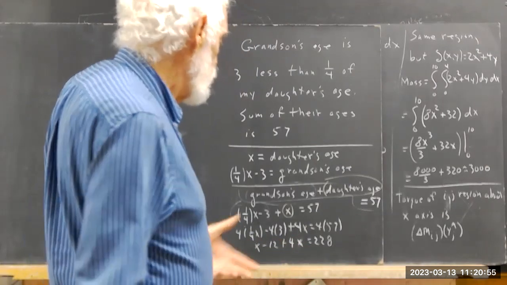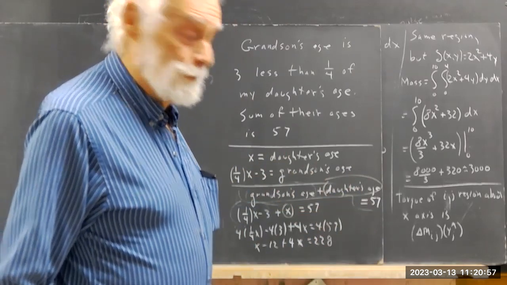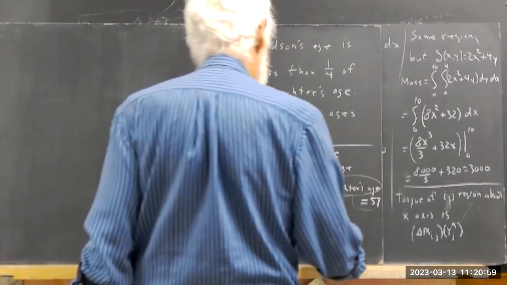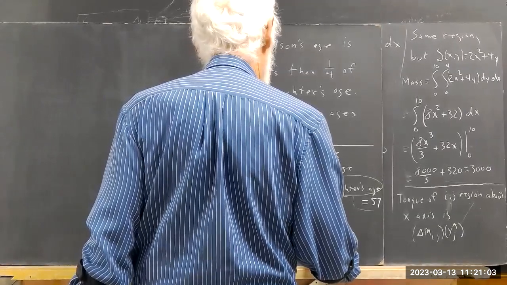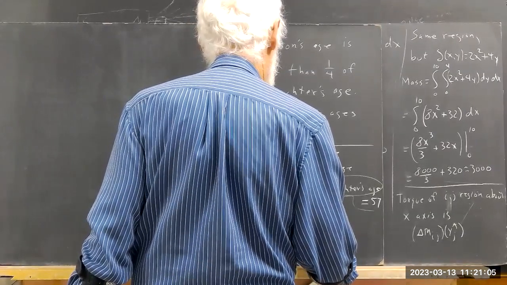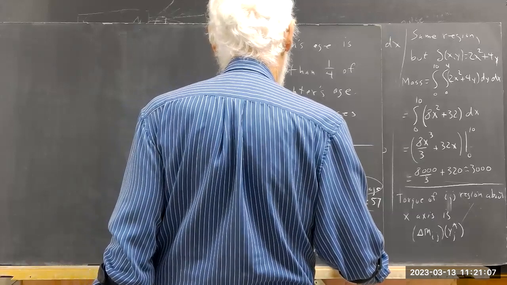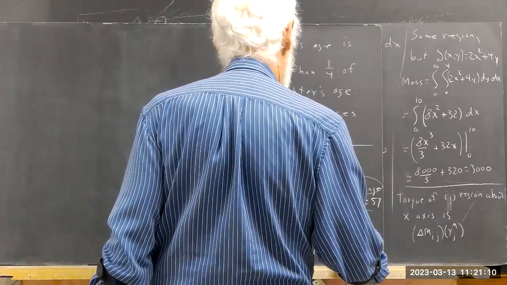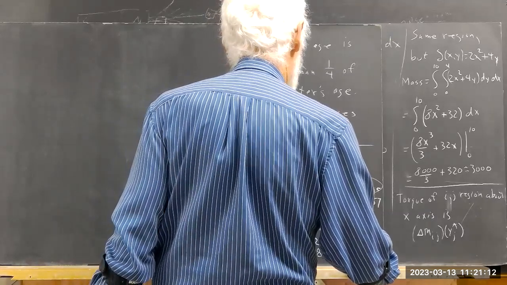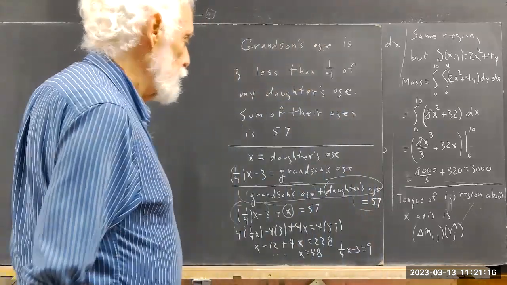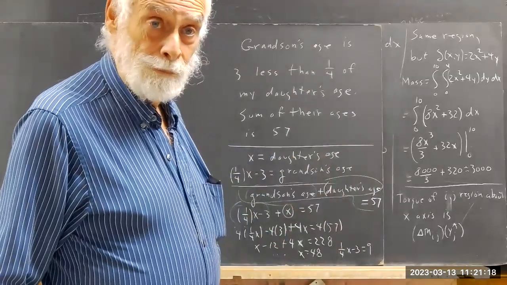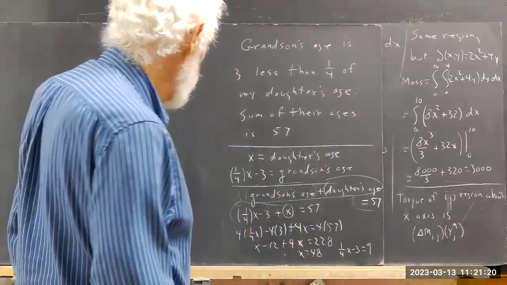And you divide that, and you get 48. That's my daughter's age. And then 1/4 of 48 is 12. You subtract 3, you get 9. His grandson's 9. Daughter's 48.